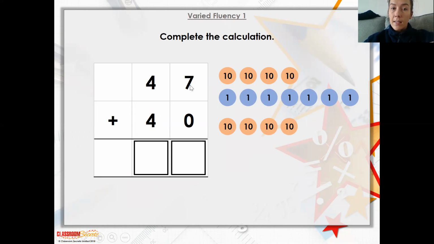So think, right, 7 add 0, staying the same, 7. We're only looking at adding and subtracting 10s. And then 4 add 4 is 8, so 87. Make sure you do check which sign as well today, because there are a mixture of subtraction and addition.